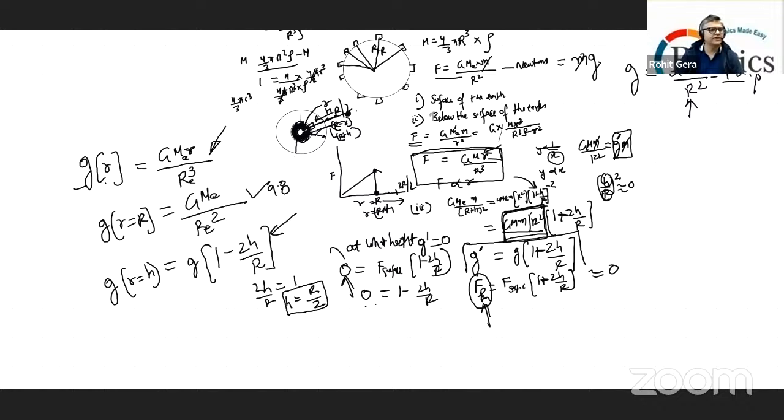Any questions in your mind? नहीं. Clear है? हाँ जी. ठीक है. We will revisit the graph very soon.